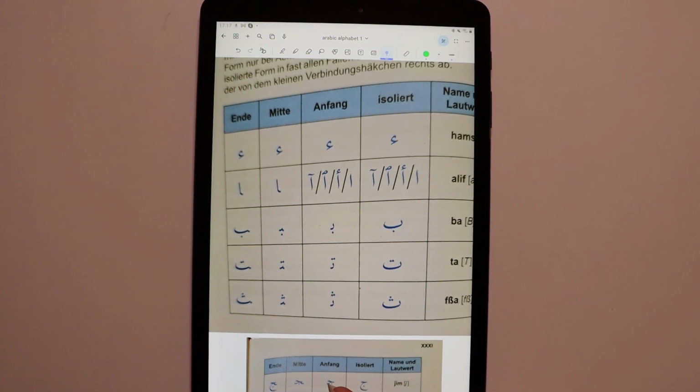Let's get started. So a little disclaimer, I am not a native speaker in Arabic. I first started learning Arabic roundabout 10 years ago, but then I stopped for a long time, and only since around 2 years ago I got back into learning.